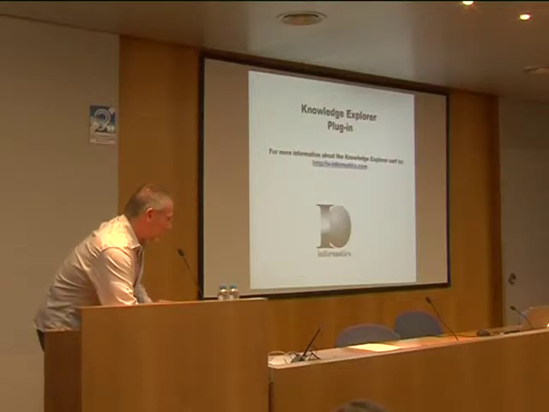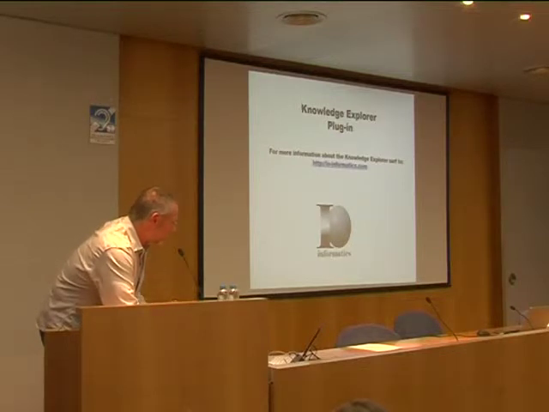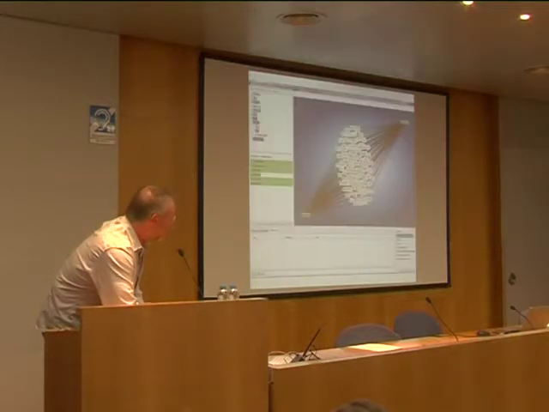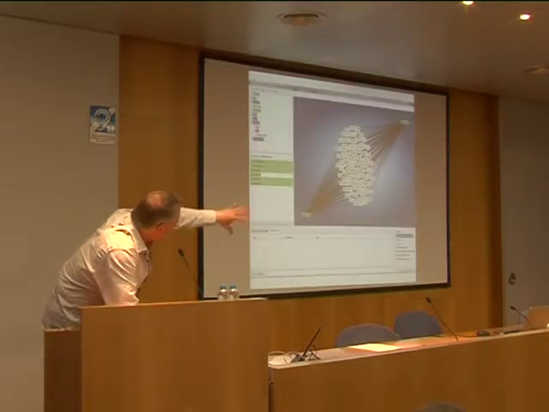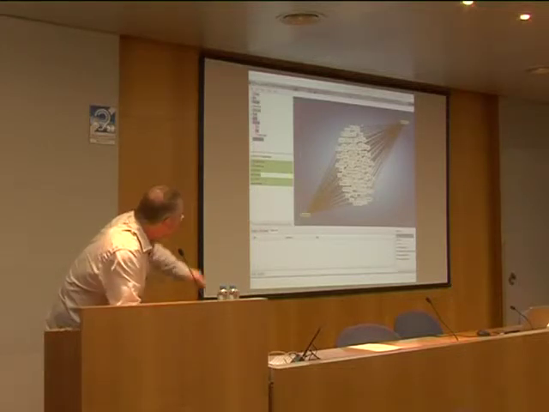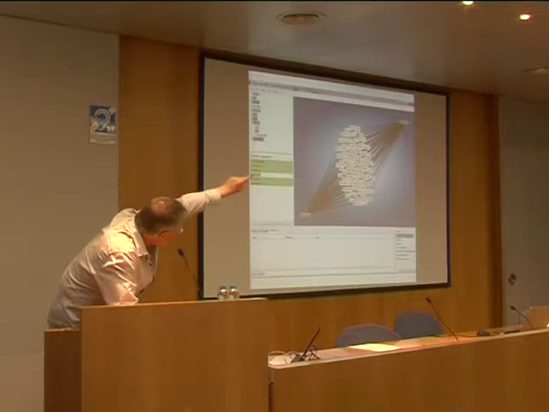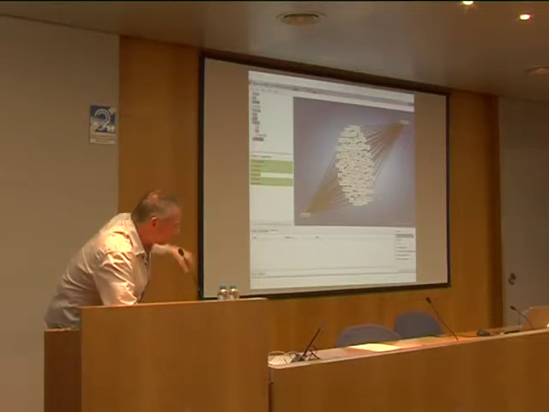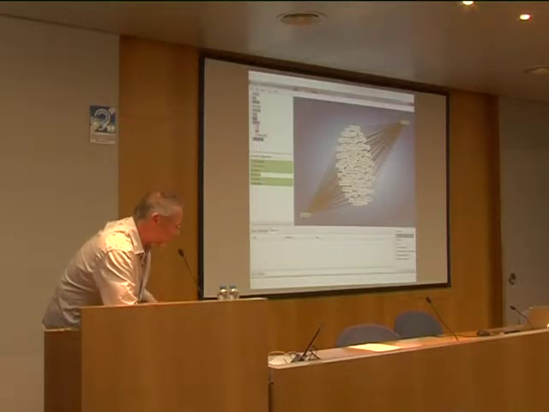So this is a graph data and knowledge explorer from a company called IO Informatics in California called the Knowledge Explorer, and we built a plugin to the Knowledge Explorer. This is what the Knowledge Explorer canvas looks like, and what I've done is pulled in some toxicology data. The 2 toxins are in the bottom left and top right corner of the screen, and all of the genes that are affected by those toxins are mooshed together in the middle.